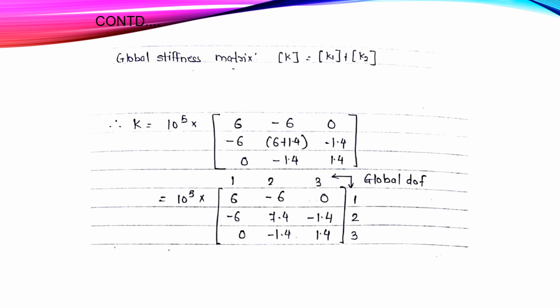So in the 3 by 3 matrix, place each element in that position and you will get K equal to 10 raised to 5 multiplied by the 3 by 3 matrix, where 1, 2, 3 are the global degrees of freedom.